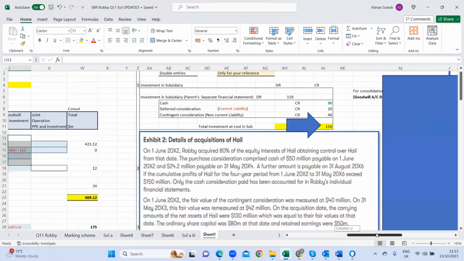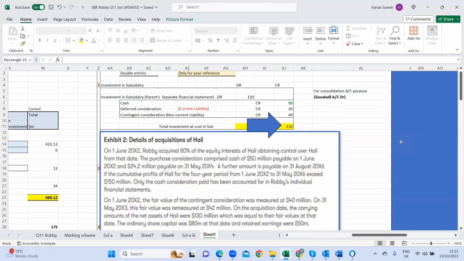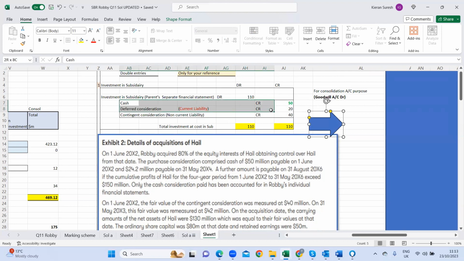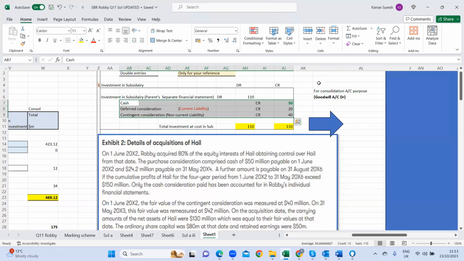So the reason for this is the following. When it comes to the consolidation accounts, the actual double entry would be to debit the goodwill account, and then credit cash, deferred consideration and contingent consideration.